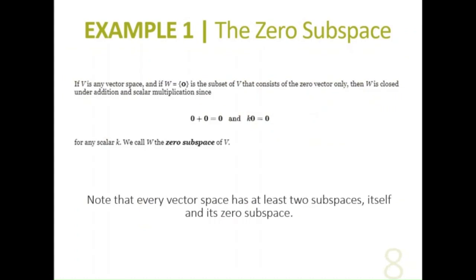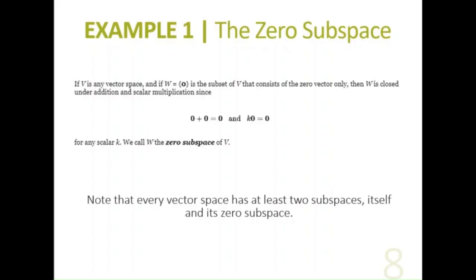One particular subspace that you should always know, because we see its analogy in many other concepts we've learned, is the zero subspace. Every vector space has at least two subspaces: itself and the zero subspace.